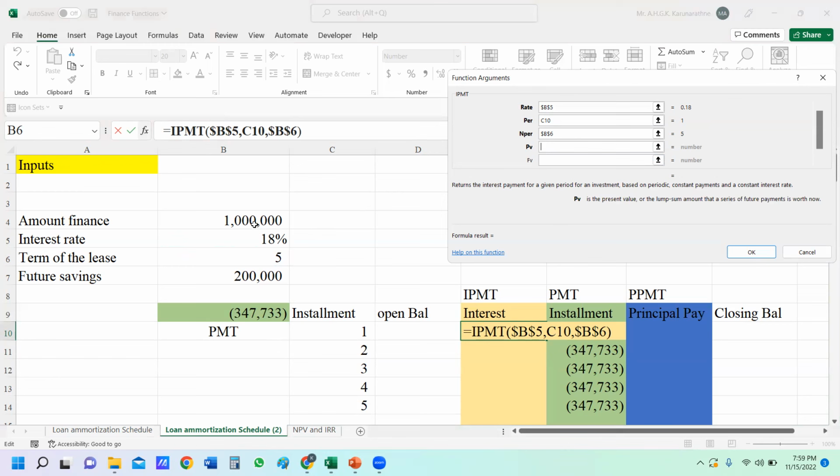Your present value is your loan amount, also fixed with F4. The next argument is not needed because it's not highlighted, but you can put it because there's a place to enter. The future saving is this much, and make it constant.